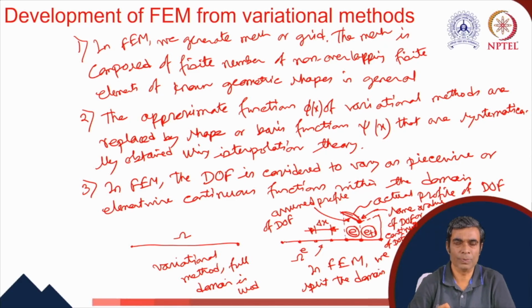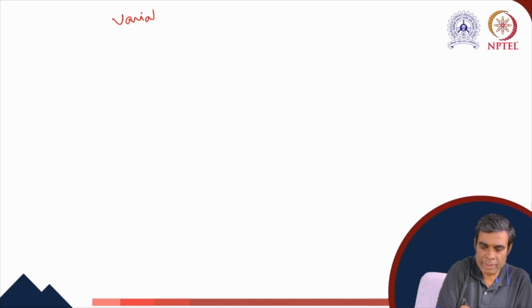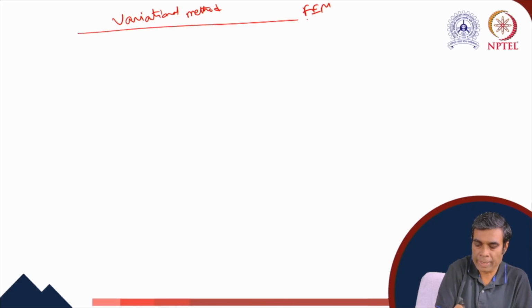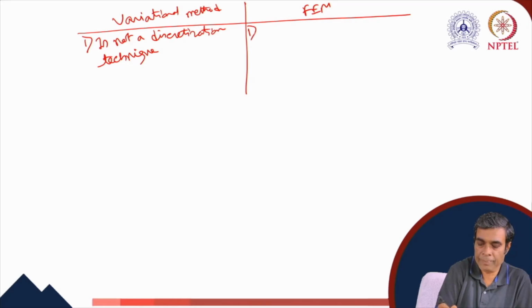Okay, so now we make the differences between the variational method and the finite element method. So this is the variational method, this is FEM. The variational method is not a discretization technique. FEM is a discretization technique.